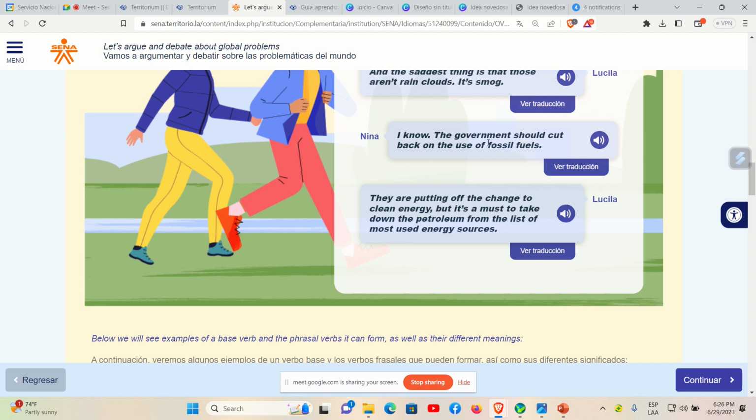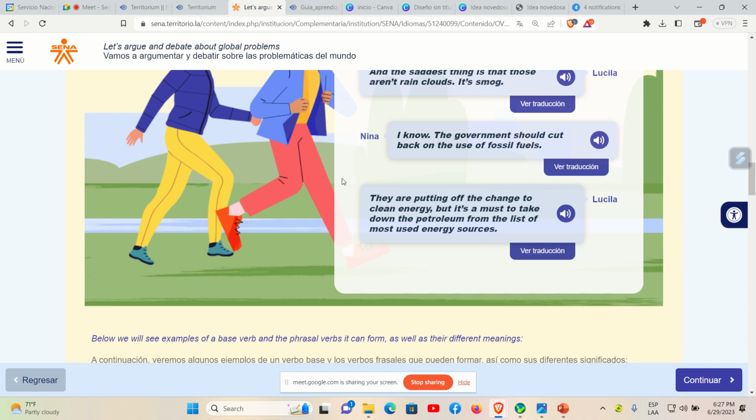Okay, cut back. What is cut back? Maybe, or just infer because of the sentence. Sí, es más como reducir, como que no utilizar tanto, dejar de hacerlo.